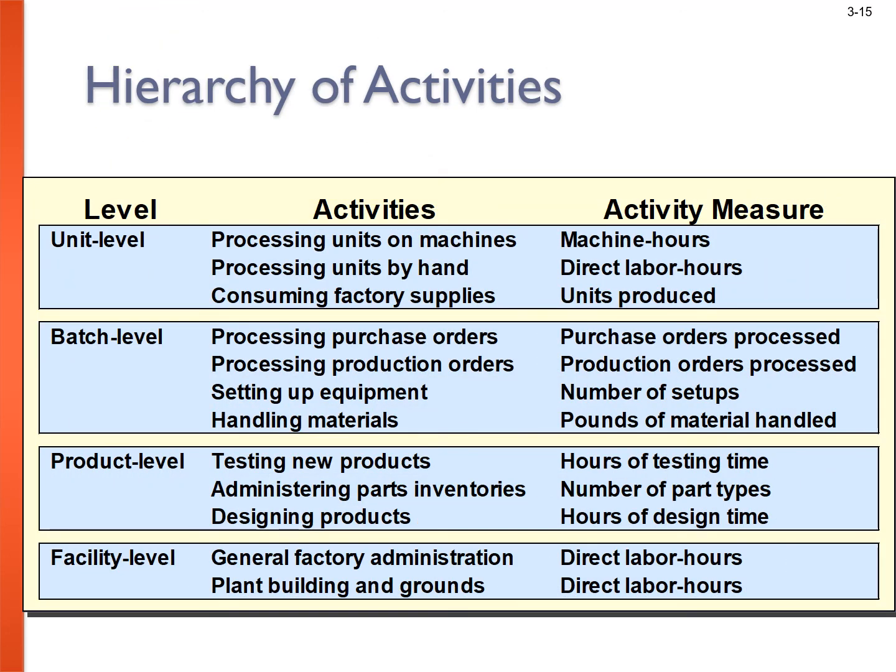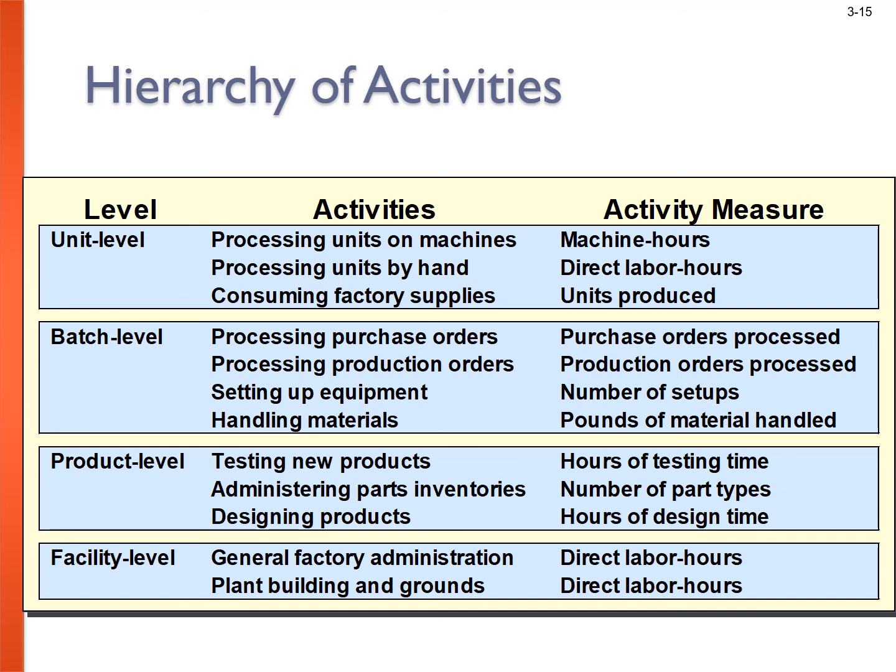Now, there is a hierarchy of activities, and usually your activities fall into one of these categories. For instance, unit level activities are performed each time a unit is produced. Okay, so some examples.